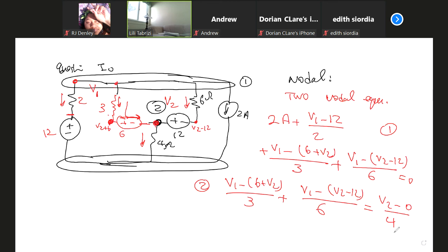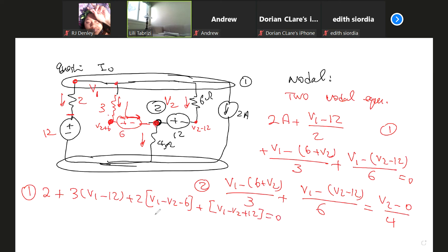This is equation 2. So you simplify these two equations. Multiply the left-hand side and the right-hand side by the common denominator 6. Equation 1 becomes 2 times (V1 minus V2 plus 6) plus (V1 minus V2 minus 12) equal to 0.